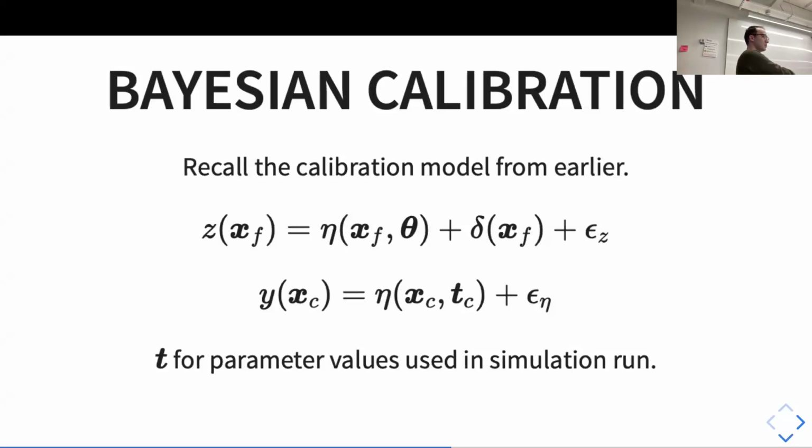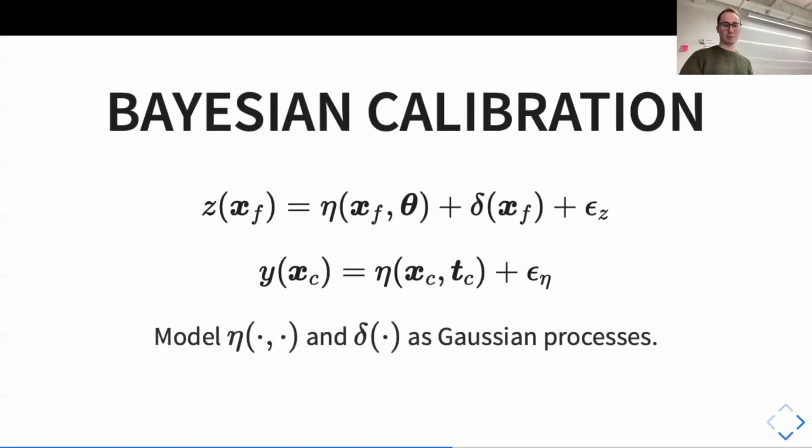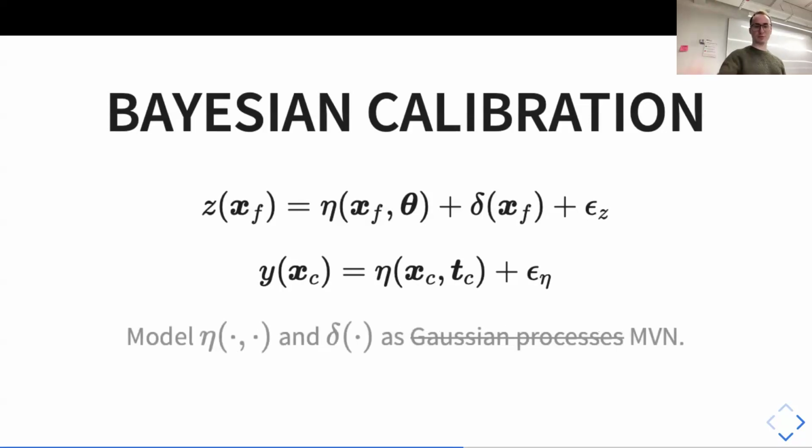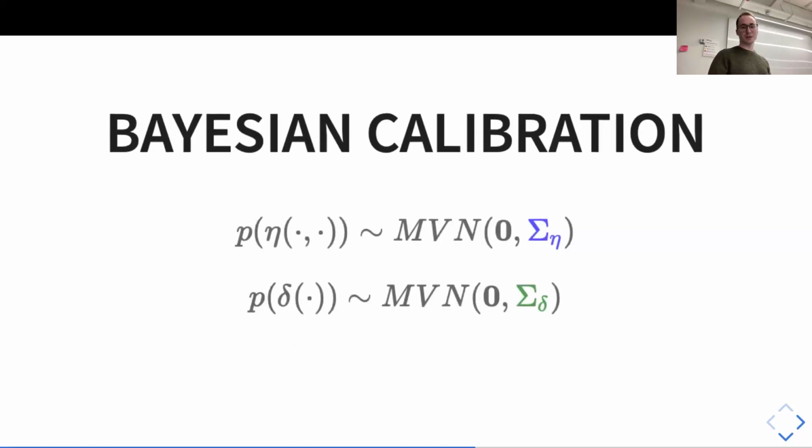We don't know. But we know that we've run the simulation at this value of tc in this case. Yes, so we want to model eta, the simulation output, and the model discrepancy both as Gaussian processes, except that we're not, because we're going to use the multivariate normal because it's easier to work with.